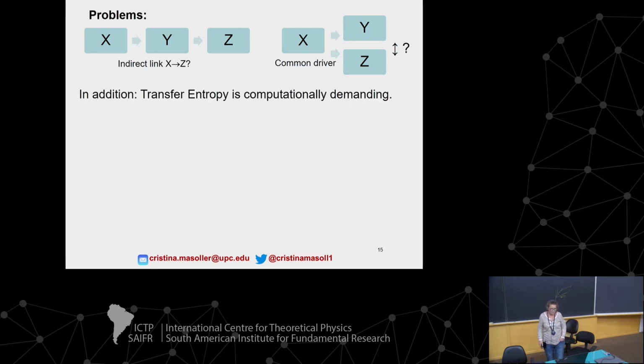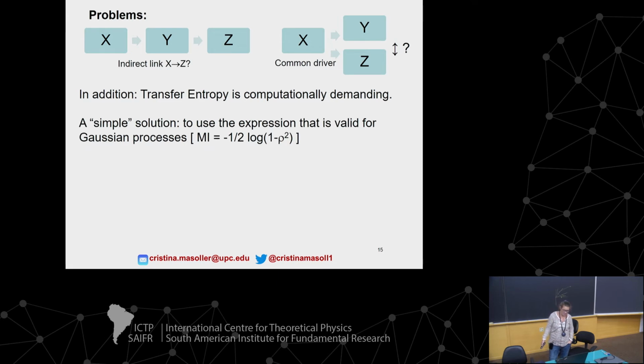OK. So yes, it's computationally demanding because you need to compute probabilities. And it's a probability in a three-dimensional space, not like the mutual information that is X and Y, but it's X, Y conditioned to another variable. So that means that it's conditional, it's computationally demanding.